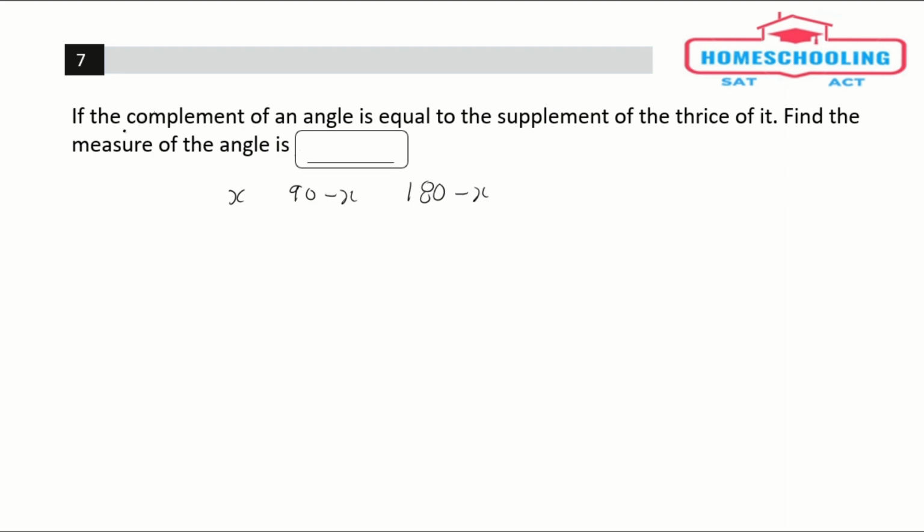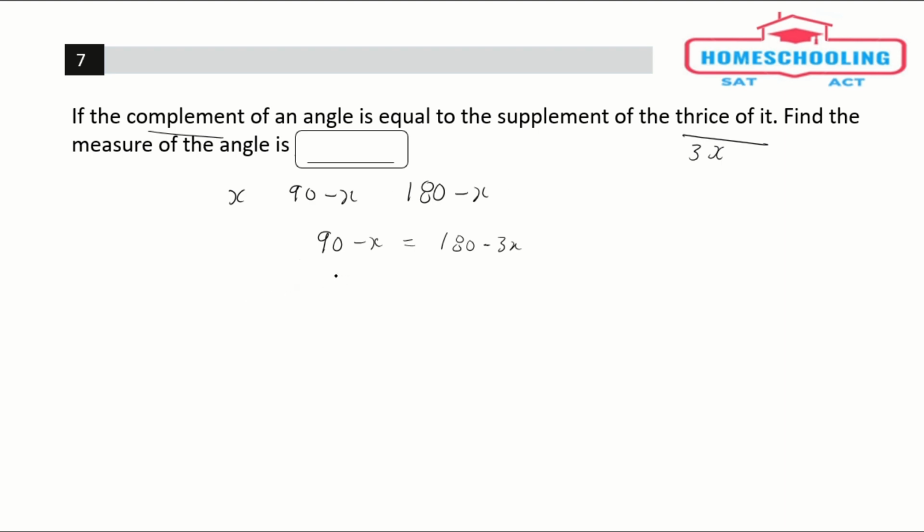Now the question says that the complement of an angle, that is 90 minus x, is equal to the supplement of thrice of it. Thrice of it means 3x. So the supplement is 180 minus 3x.